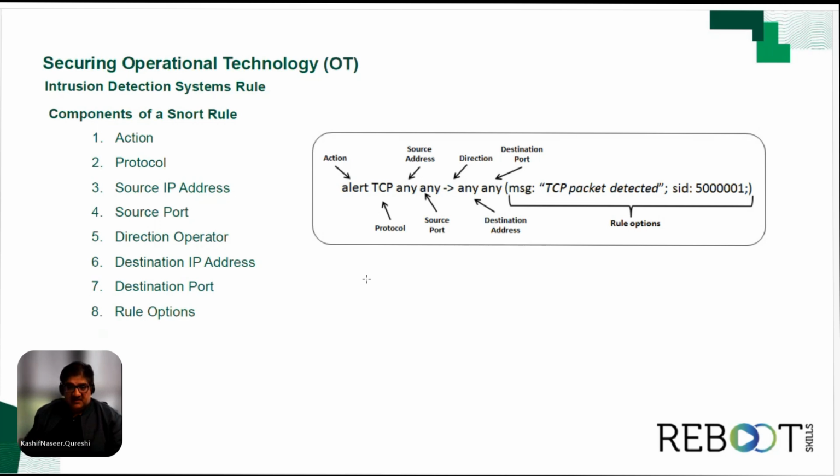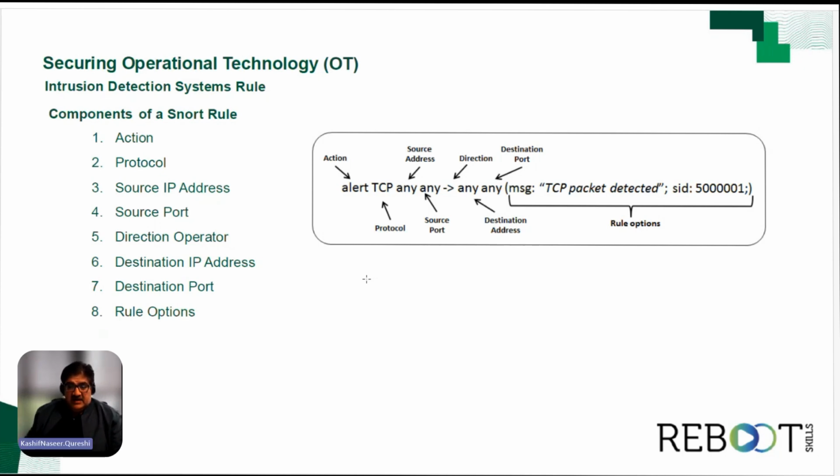The destination port specifies the destination port, and we can use any for any port. Especially for ICMP packets, this is just an example, and we use the word any. We can also add a specific destination port number here.